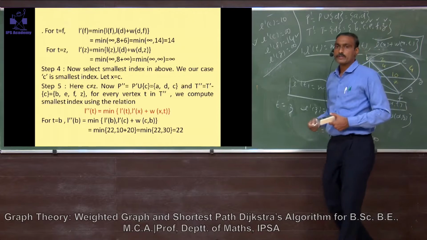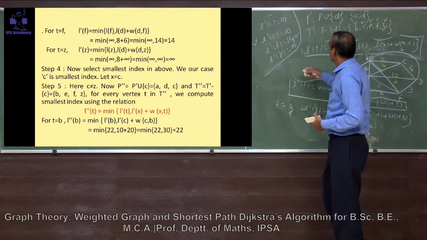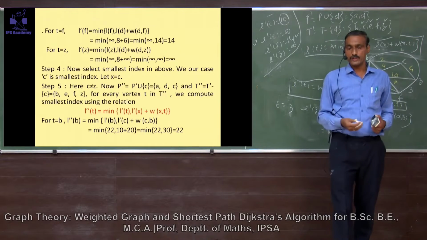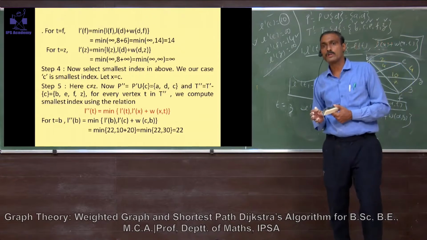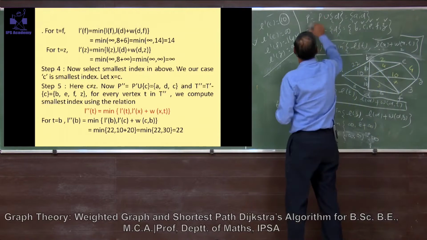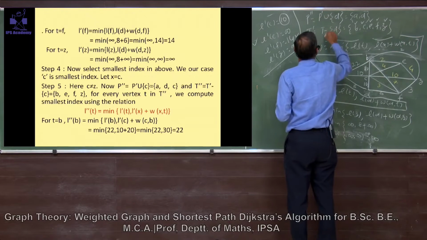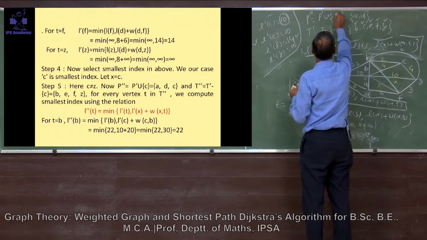Now we have to find the smallest index. So which one is smallest here? I think smallest is c. Now we take c. We add the vertex c in our path and remove it from the t dash. So we create another path. P double dash equals to P dash union of the vertex c.